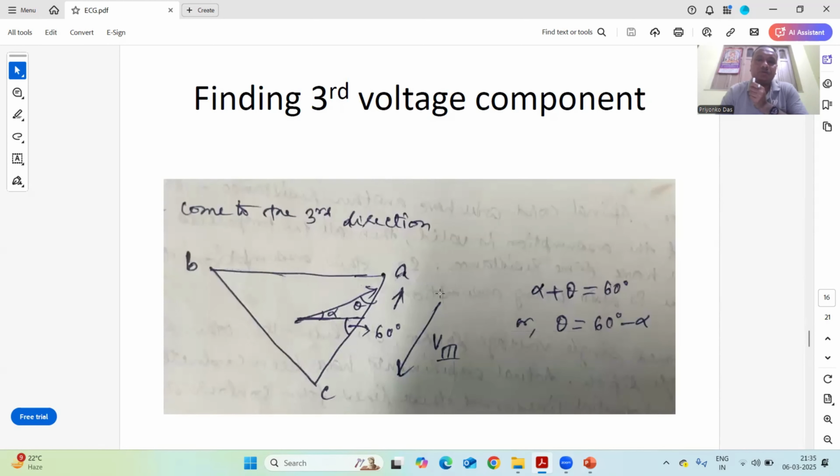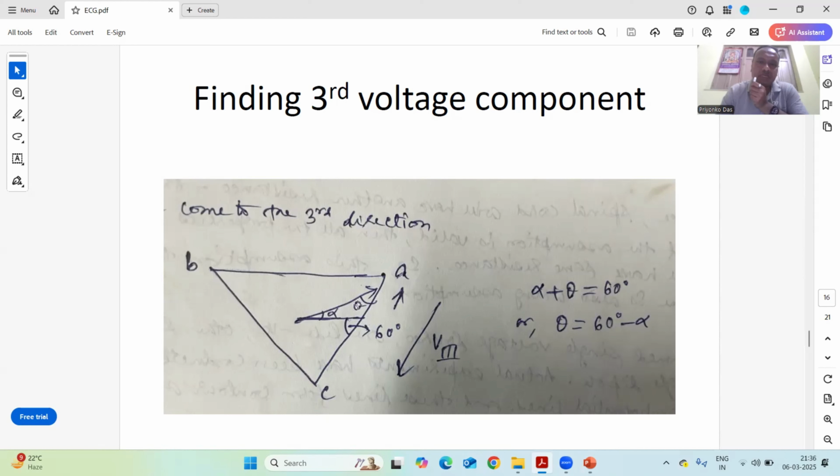So I get the calculation over here, this particular outer triangle being an equilateral triangle as per Einthoven. This theta plus this alpha will become the outer angle of this particular triangle, which is 60 degree.